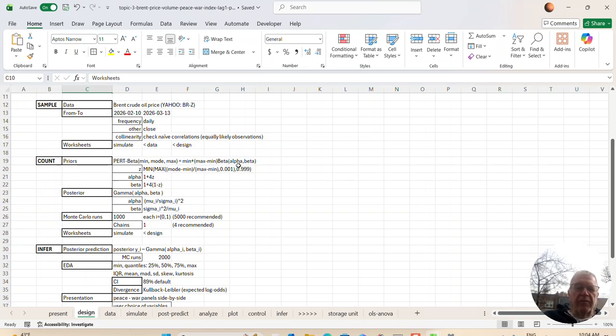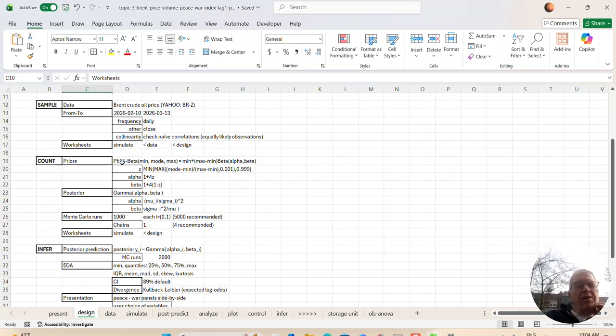But the alpha and beta are built on this thing called Z, which takes into account the proportion of the difference between max and min from the mode to the min. This is key. This is absolutely key. And because of it, we can get a shape on top of our beta to represent our prior opinion. That's why it's been used.